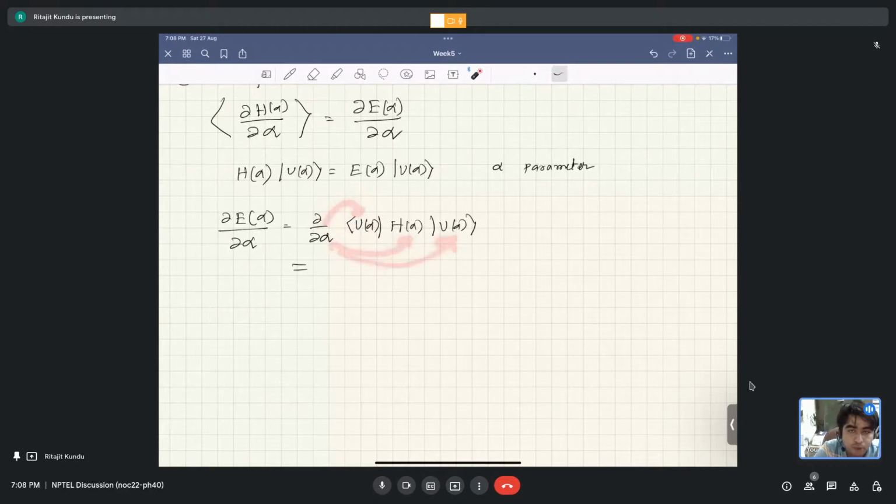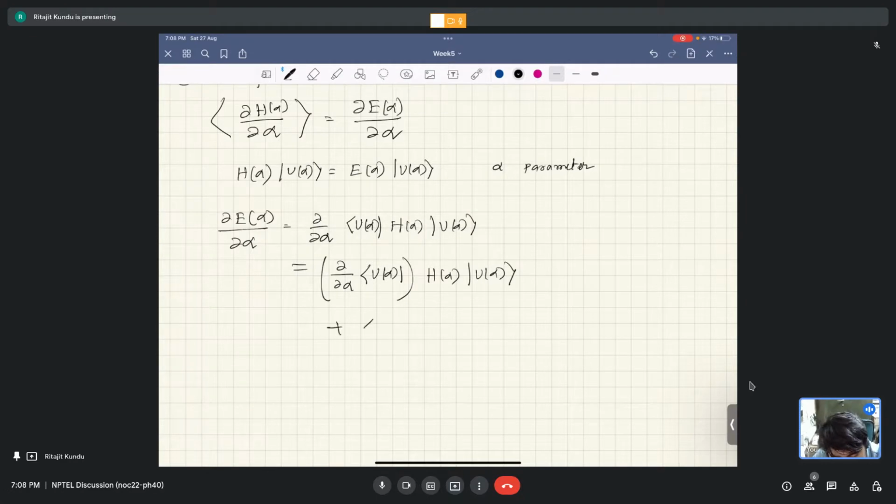So you have to apply the product rule thrice. Then the first term becomes del alpha of <U alpha|, and then the second term becomes <U of alpha| del H alpha del alpha |U of alpha>, and then you are left with only del alpha acting on this ket.